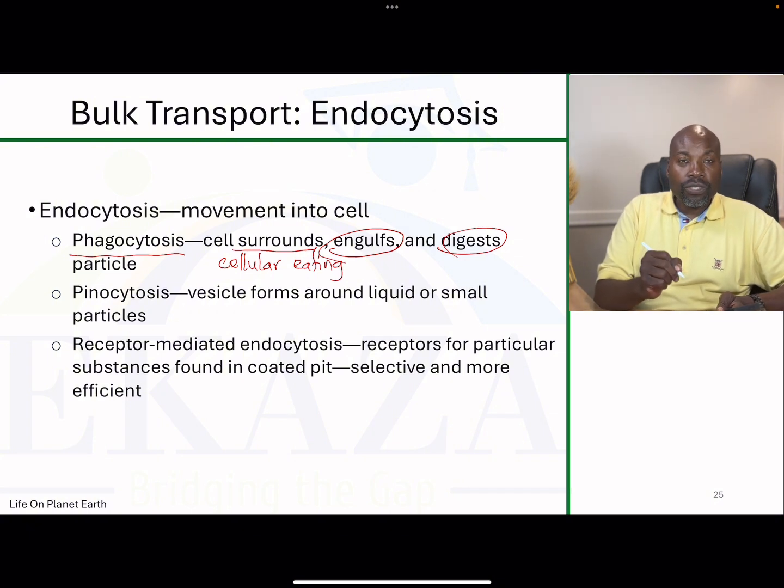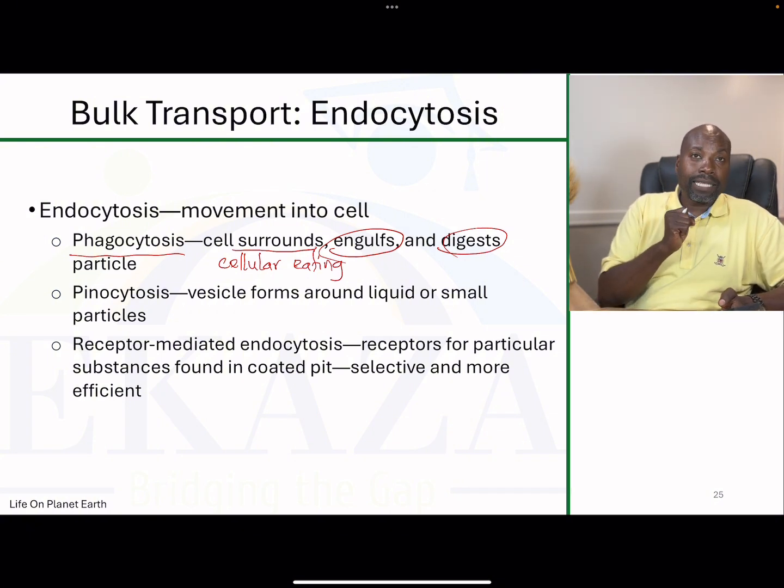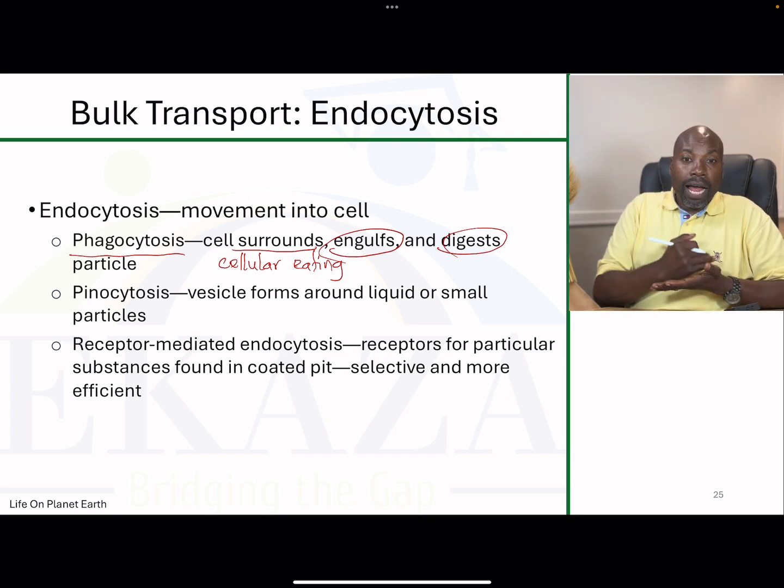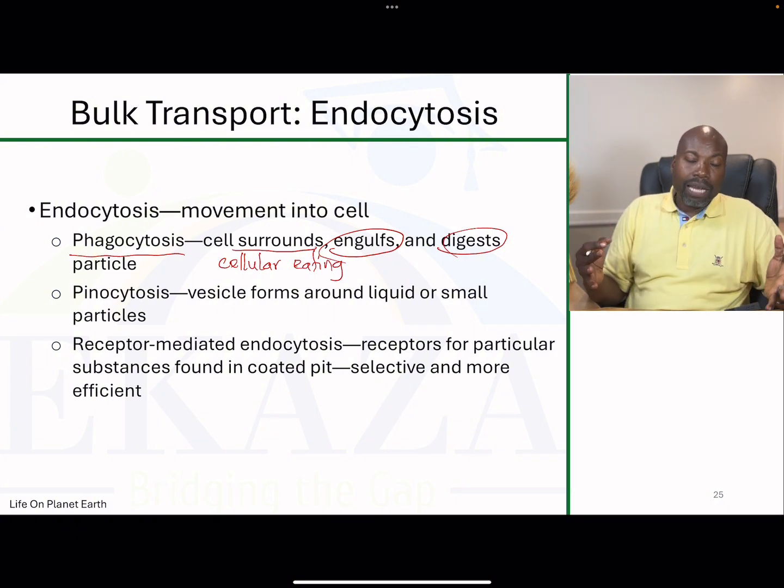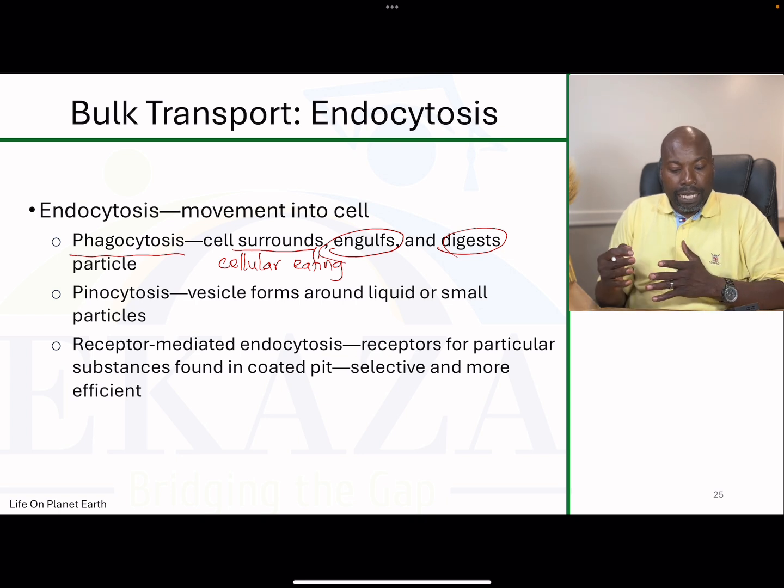This is how, for instance, our white blood cells are able to engulf bacteria or viruses, break down those viruses and bacteria, and that's how we get rid of the infection, right? By phagocytosis or cellular eating.